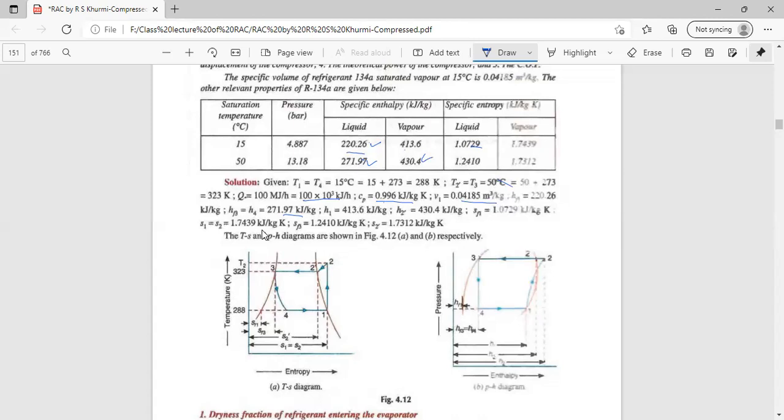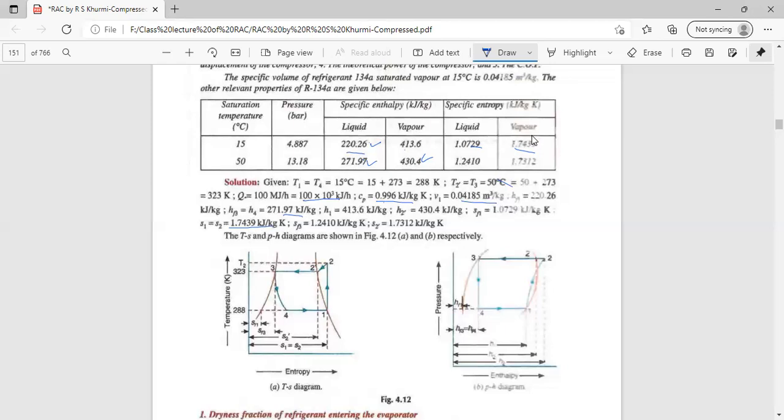S2, which is equal to S1, is the entropy at the gaseous stage at this moment, which is 1.7439 here. SF3 is the entropy at the point 3, which is the entropy of the fluid at the higher temperature of the system.